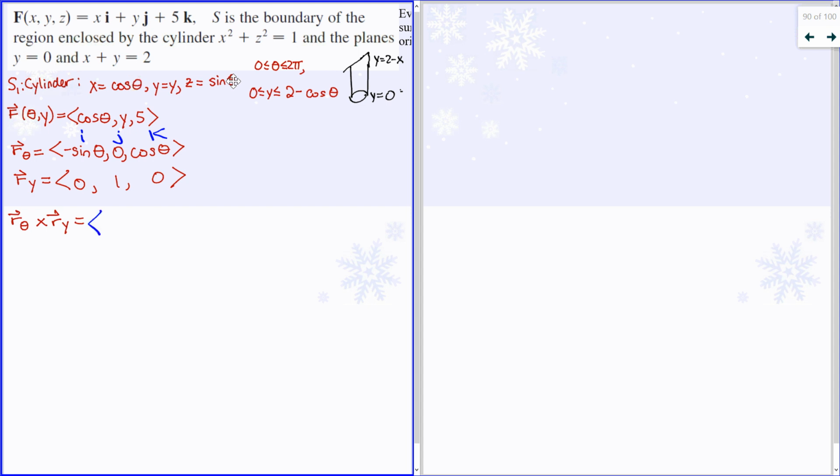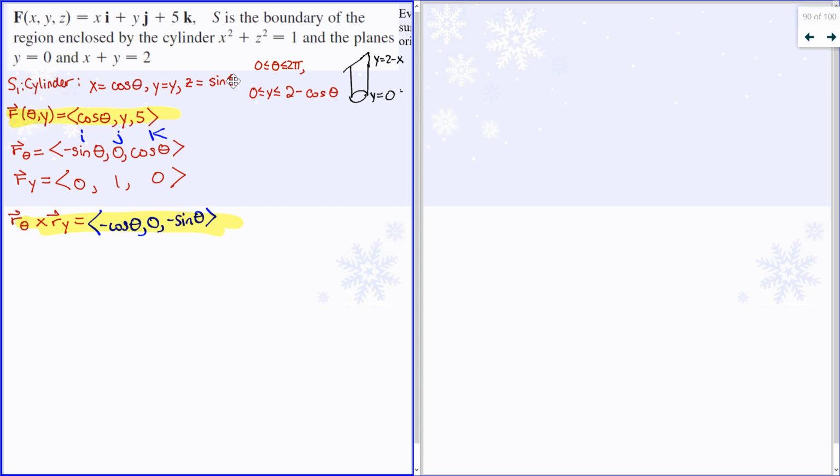What I get with that cross product is negative cosine theta for the i, 0 for the j, and negative sine theta for the k. Now I have to do the dot product of F and that cross product for my integrand. Seems like a lot of steps.